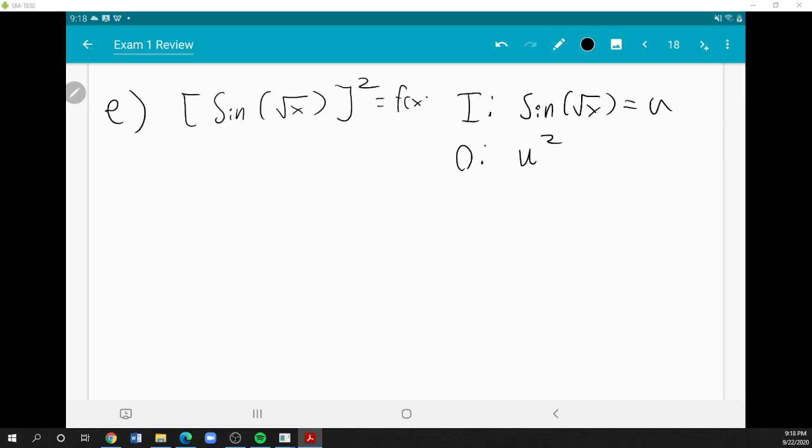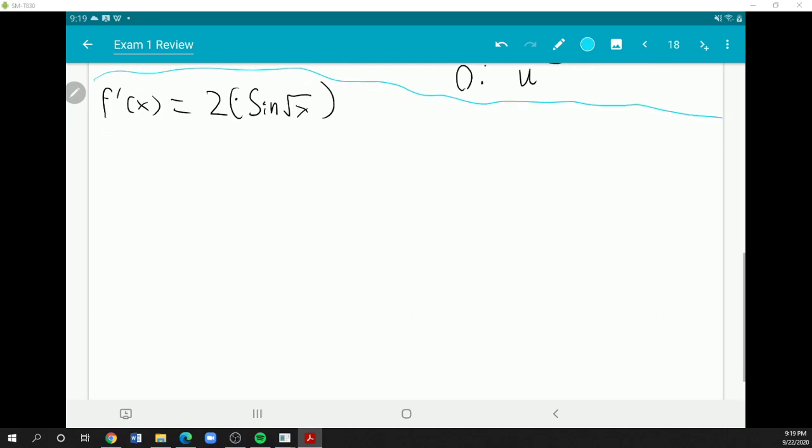So if this is f of x, f prime of x is equal to the derivative of the outside function, which is 2 times, and then I said my inside function was sine root x, times the derivative of the inside function. So now I need to do this again. So my new inside function is square root of x.